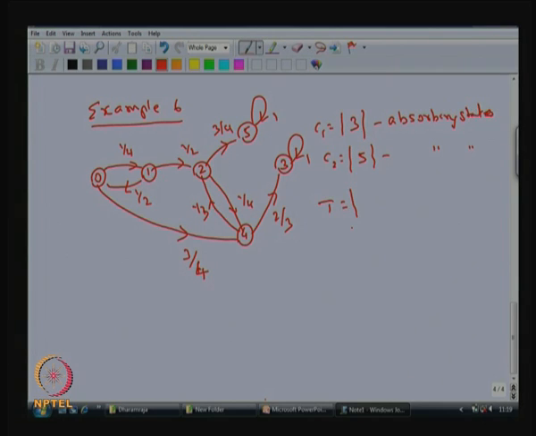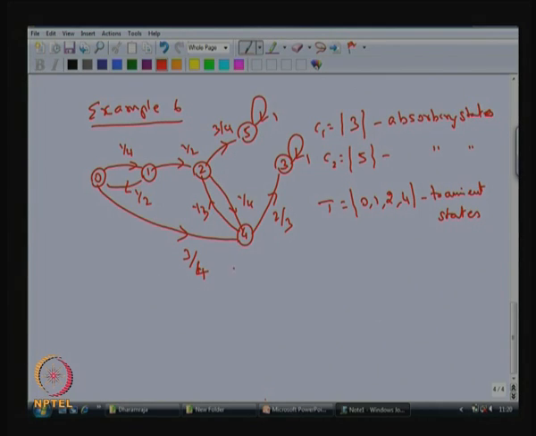So, this is a collection capital T, that is 0, 1, 2 and 4 form the transient states. I have not computed what F00 or F11, F22, F44 are.